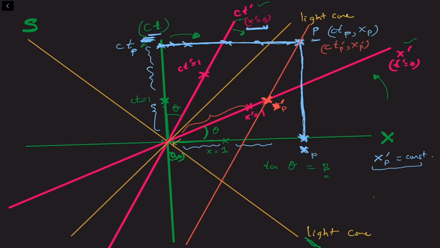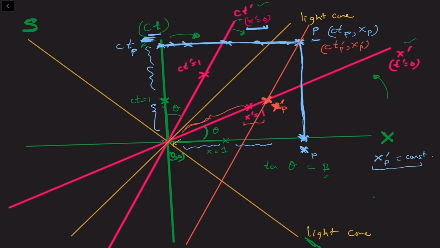Since all points on this line have xp prime equal to a constant, and given that we know our unit length along the x prime axis, we can find out the value of xp prime. In this case, xp prime would be something like 1.2, given that this length over here that we've shown is x prime is equal to 1.